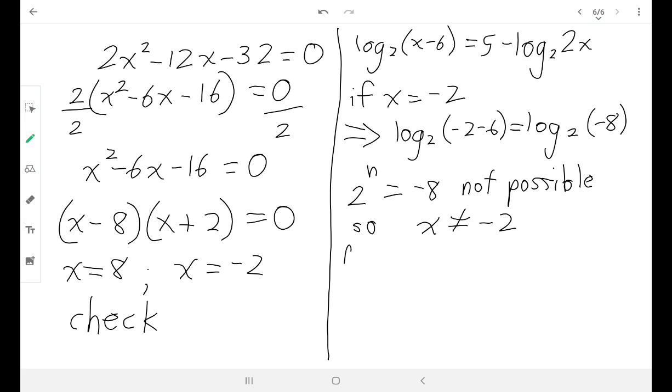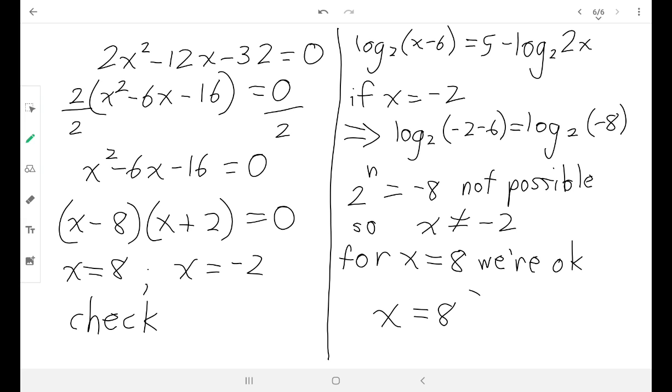However, for x equals 8, we're okay, because if I put an 8 there, then I get 8 minus 6 is 2. Log base 2 of 2 is something that can happen. If I put an 8 there, I get a positive number, so that's just fine too. Basically, as long as it's log base anything of a positive number, it can't be 0, it can't be negative, but as long as it's of a positive number, you're okay.